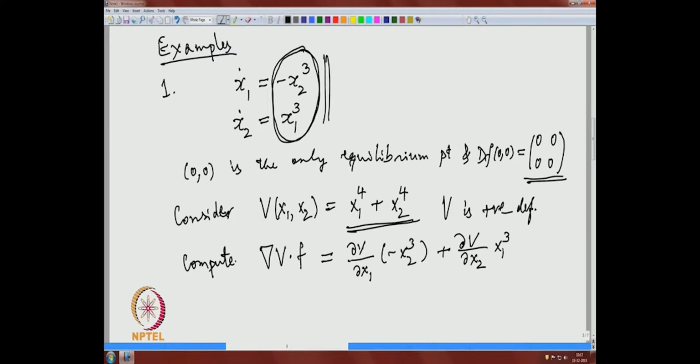If you compute these derivatives, you observe that this is 0. The stability theorem of Lyapunov requires this to be less than or equal to 0, and here it is identically equal to 0. Therefore, (0, 0) is stable, and since it is not strictly less than 0, it is not asymptotically stable.